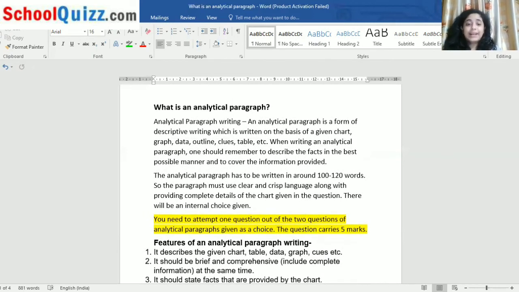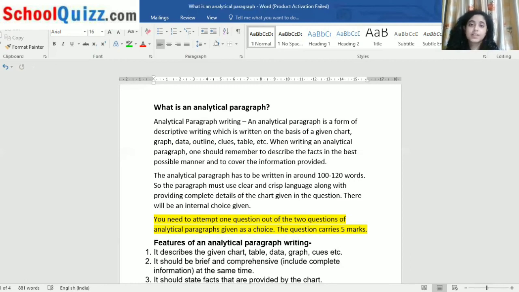Meaning of analytical paragraph: an analytical paragraph is a form of descriptive writing, which is written on the basis of a given chart, graph, data, outline, clues, table, etc. Here, outline means, when you write a story, it is given "once upon a time", and from that you have to start and include there was a rabbit, there was a tortoise, they were having a race. So outline was given to you and you have to frame the sentences accordingly using those words also.